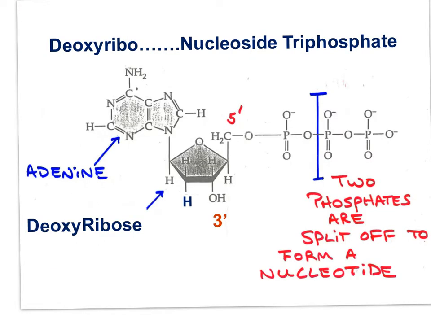As the nucleoside triphosphate arrives to the active site of DNA polymerase, 2 phosphates are cleaved off to form the nucleotide. The energy in the bonds between the phosphates provides the energy to build the polymer one nucleotide at a time to form the covalent bonds between nucleotides.